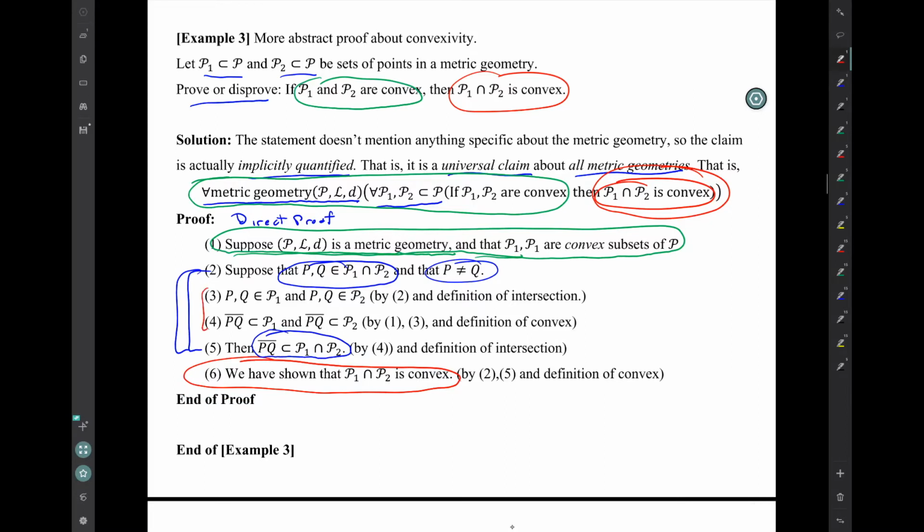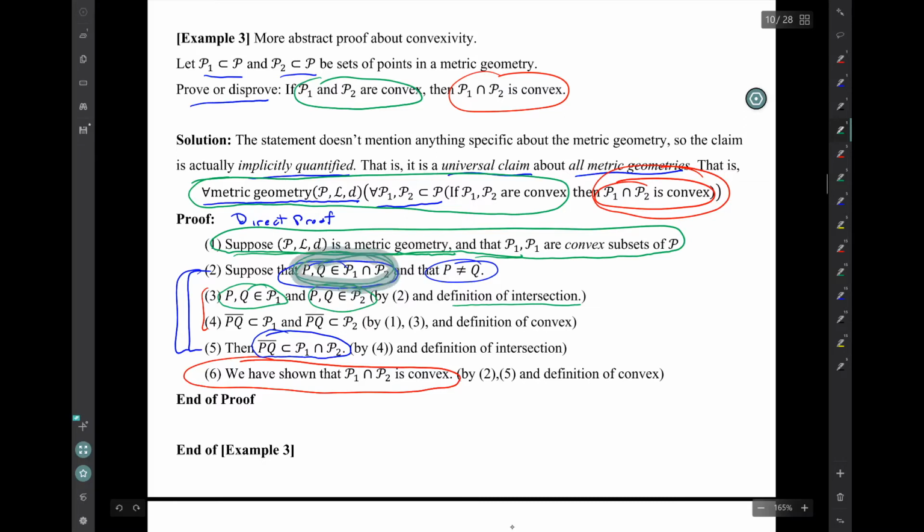Well, notice that statement 2 contains a defined term. P and Q are in the intersection of P1 and P2. Well, that means this. P and Q are both in P1, and P and Q are both in P2. So we've unpacked the definition of intersection, this defined term in statement 2.